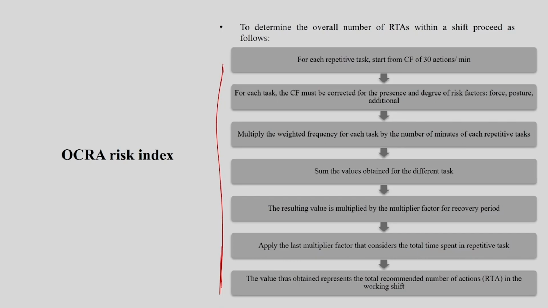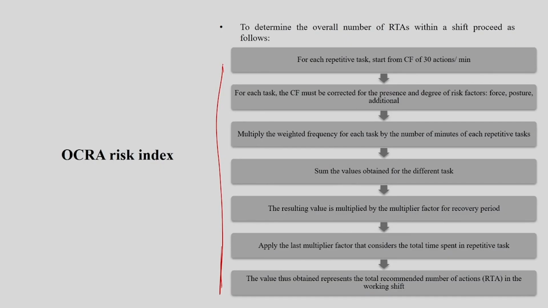Then you need to multiply the weighted frequency for each task by the number of minutes of that repetitive task, the total minutes of exposure. Once that is done, sum the values obtained for the different tasks. You have task 1, task 2, task 3, then you add them up.